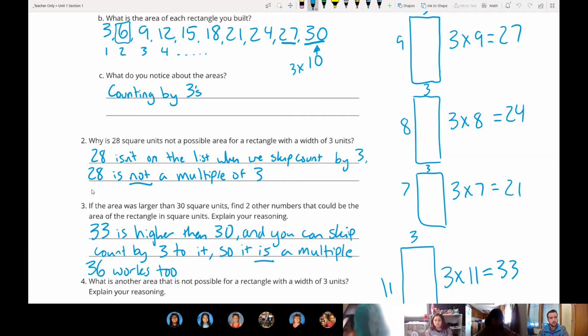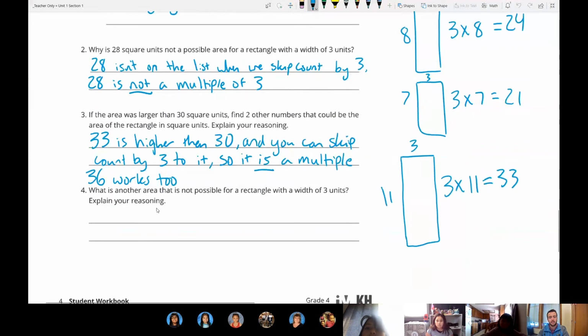We're at 33 right now. So if you skip count by 3, then you would get to 36. Very good. So you can skip count by 3 to get to 36 as well. So therefore, 36 is or is not a multiple? It is a multiple. All right, 36 is a multiple.